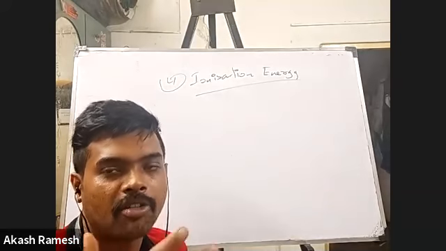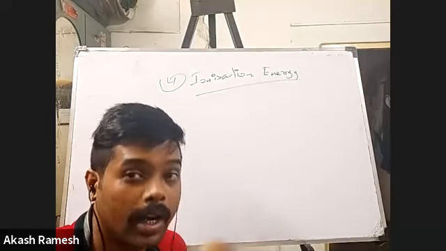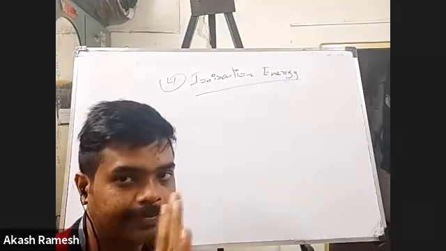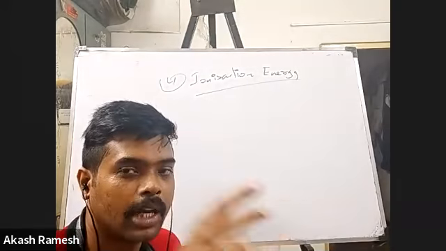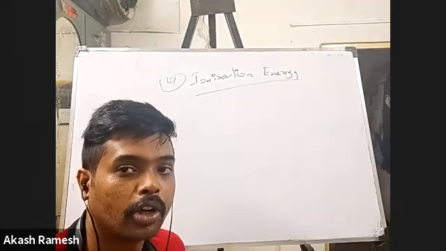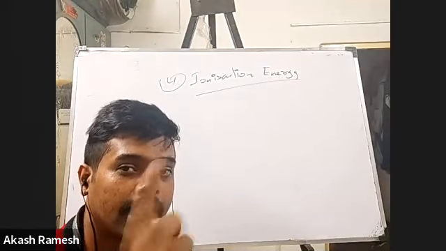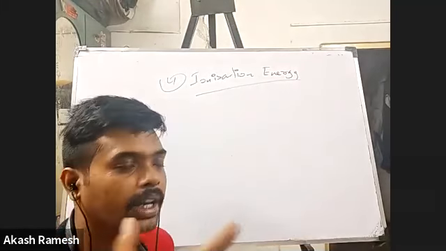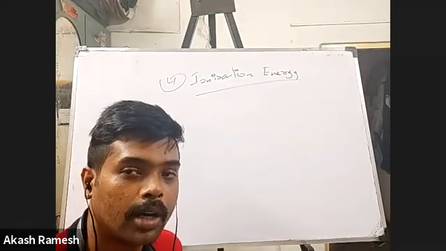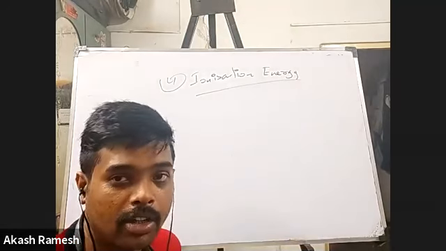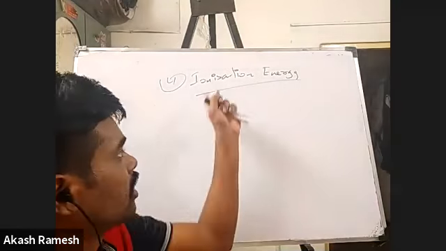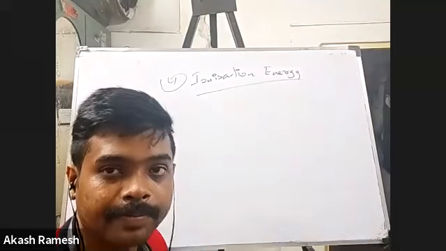So that energy which you are supplying for taking out this one, remember, one ionization enthalpy, only one electron. If I supply one ionization enthalpy, only one electron can be removed. If you want to go for the second electron, that is going to be called second ionization enthalpy. Anyways, we'll see about it later. So for you to overcome the force of attraction between the electron and the nucleus, you have to supply energy, and that energy is what is called my ionization enthalpy.